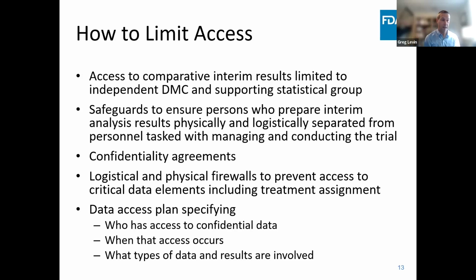This includes things like confidentiality agreements, firewalls, and data access plans, whether these are specified in the protocol, the DMC charter, or a separate document, at least having careful plans about who will have access to confidential data, when that access will occur, and what types of data and results will be involved. So think through all these things carefully to maintain trial integrity, especially in adaptive designs where the adaptations are based on unblinded, comparative interim results, where treatment groups are compared.